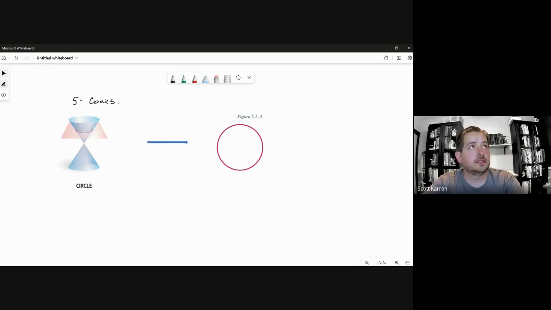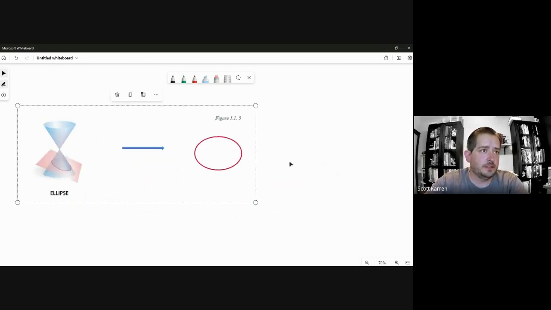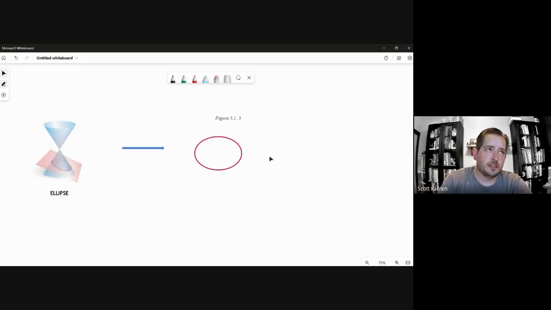If you slice this at such an angle that you receive this shape, it is called an ellipse.